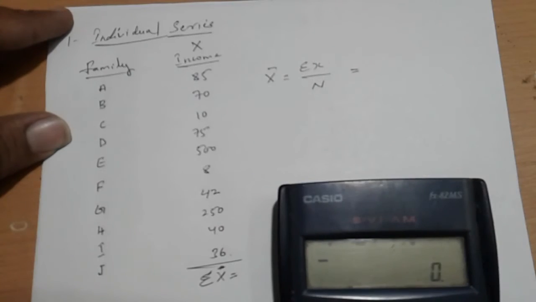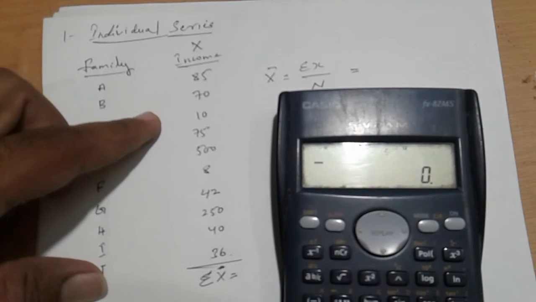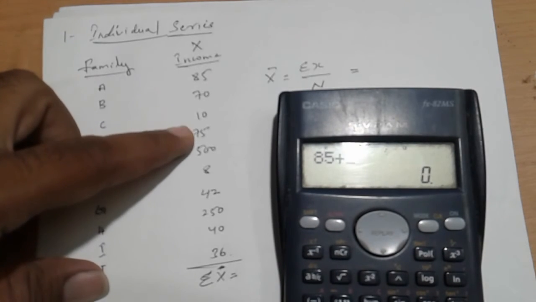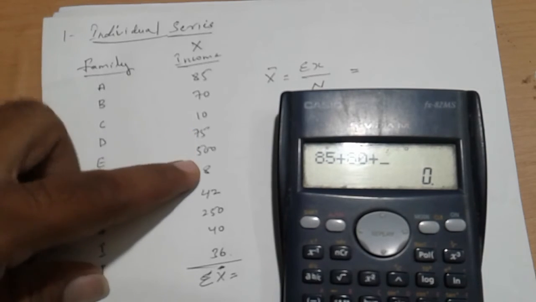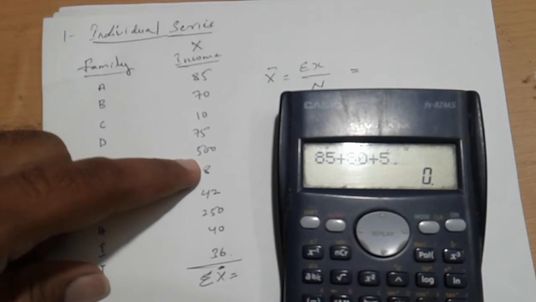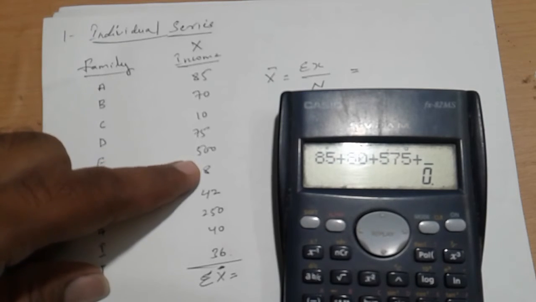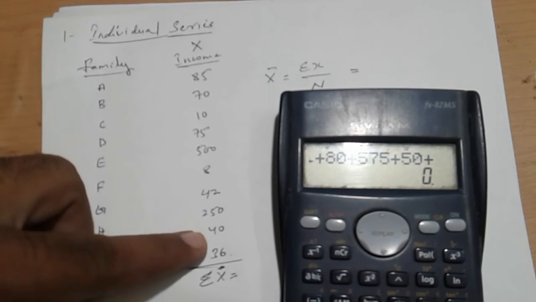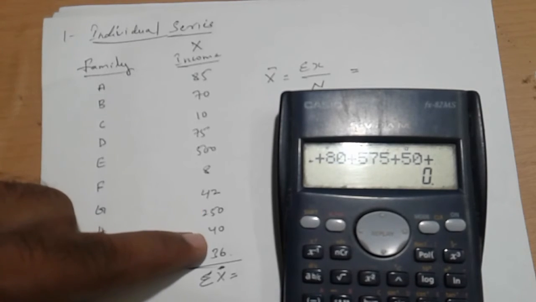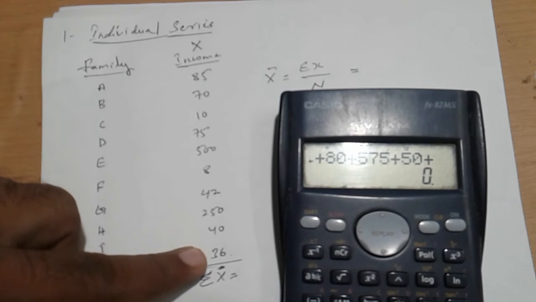Let's do the total. 85 plus 70 is 155, plus 75 and 500 is 575, plus 8 and 42 is 50, plus 250 and 40 is 290, plus 36 is 326.